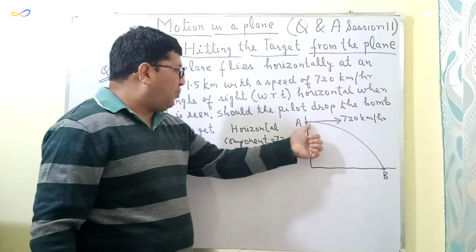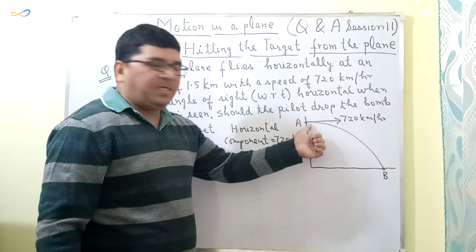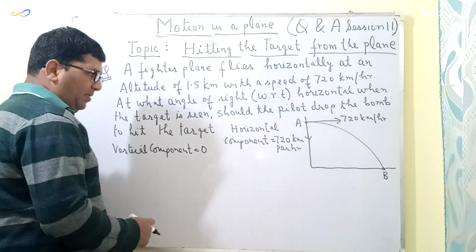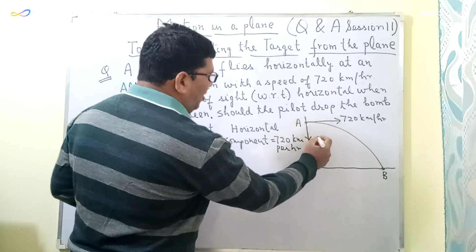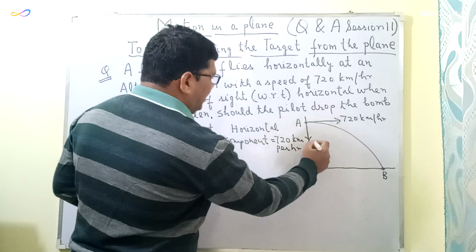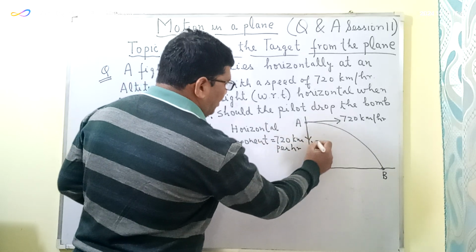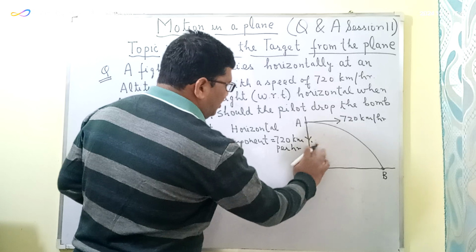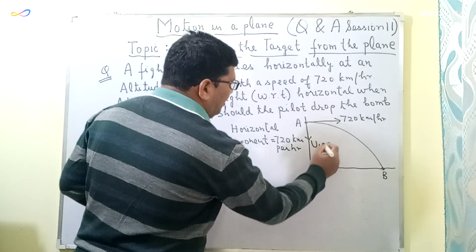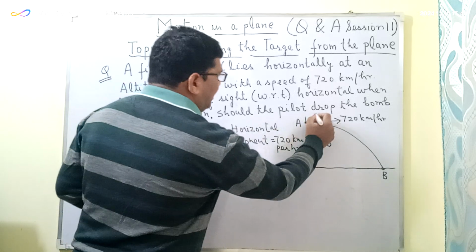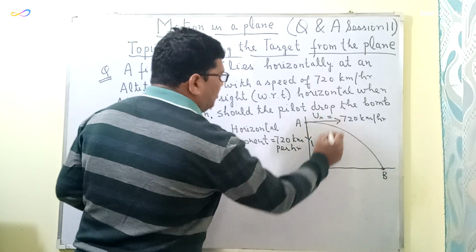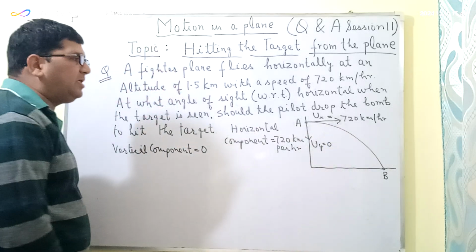So at this point A, the speed of the bomb in the horizontal direction will be equal to 720 km per hour, and the speed of the bomb in the vertical direction, say this is uy, will be equal to 0. And let us say this is the horizontal component, I am just denoting it as ux. So ux will be equal to 720 km per hour.